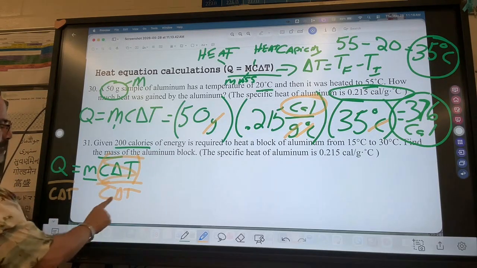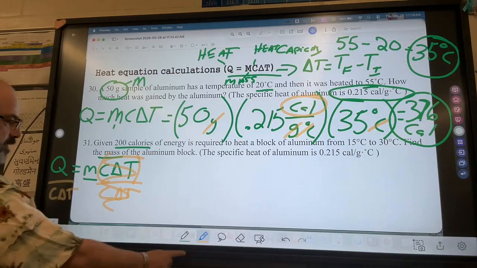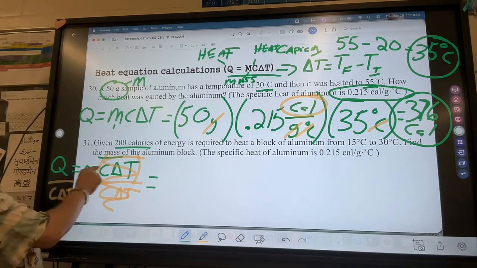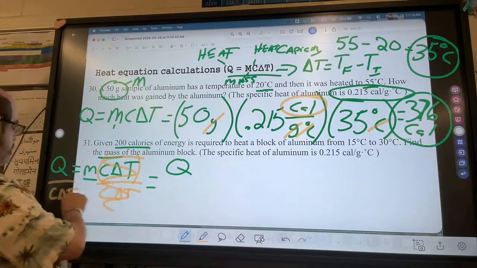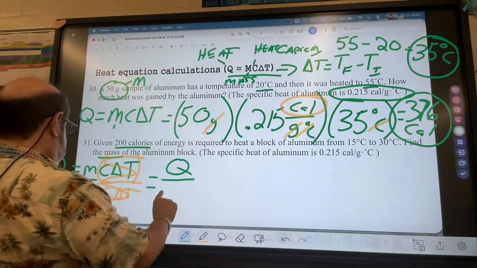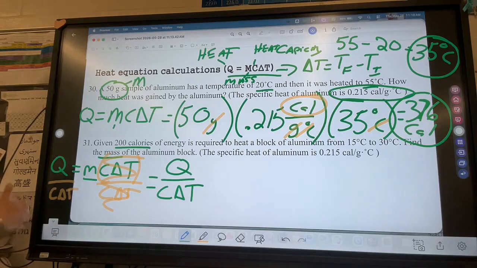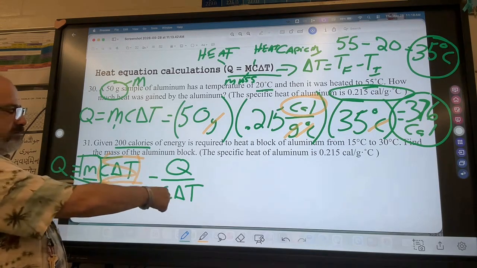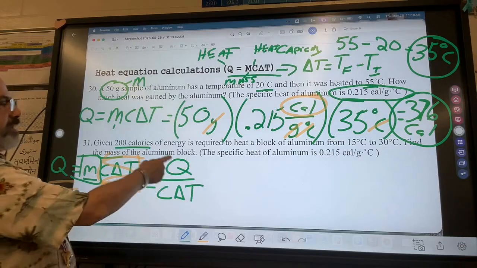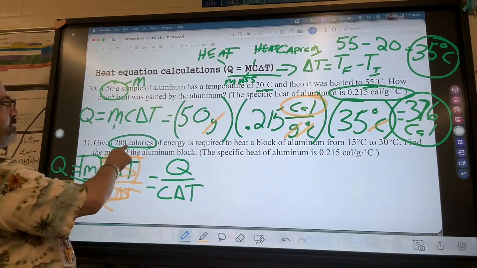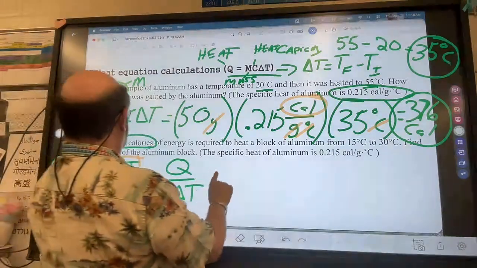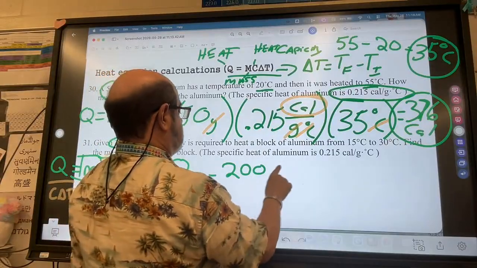These cancel, and we're left with M equals, and I'll rewrite it over here, Q divided by C delta T. So now we have to solve for M, which is what we're looking for. Q, C, delta T. So now let's put in our numbers. We got Q, that's the 200 calories.